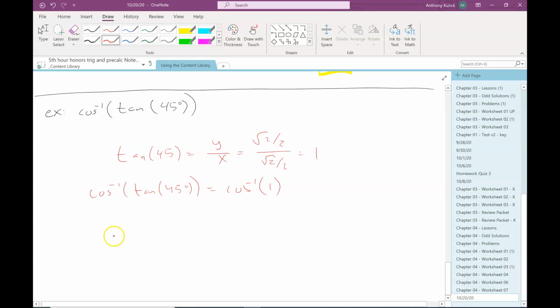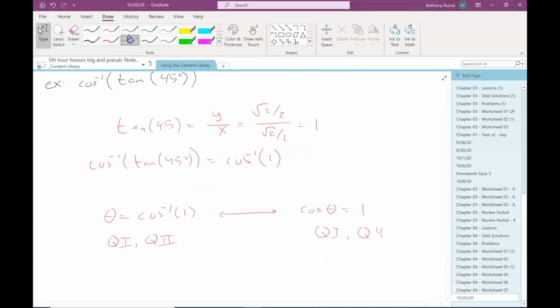So if I do that, I'll write down my two equivalent statements. So here, cosine inverse is either in quadrant 1 or quadrant 2. Cosine is positive in either quadrant 1 or quadrant 4.